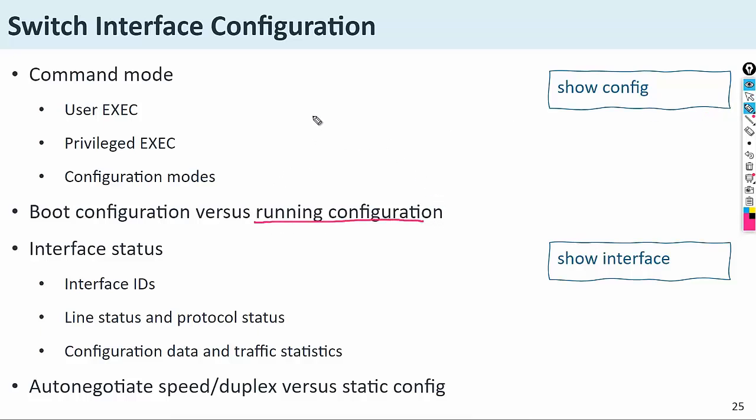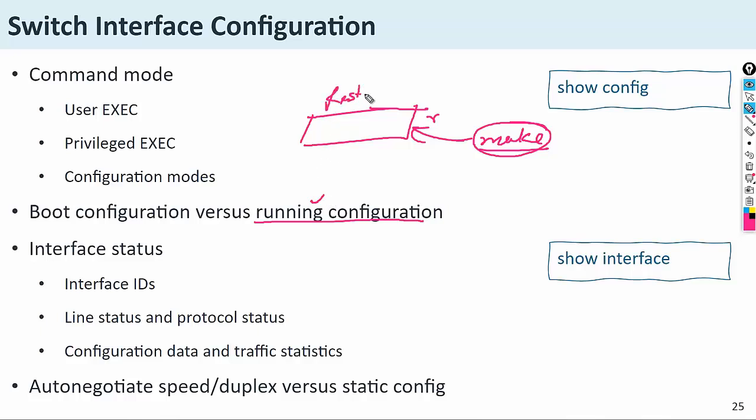Running means my system is on, my switch is on, and I have made some changes. These changes are only implemented on the running configuration. Once I restart the system, the configuration will be changed back to the default.